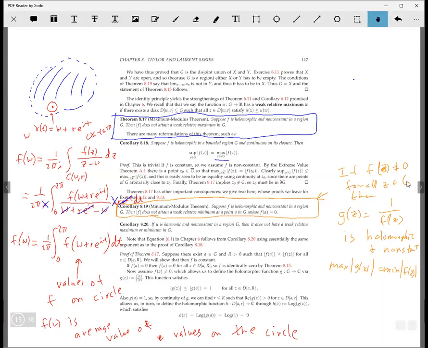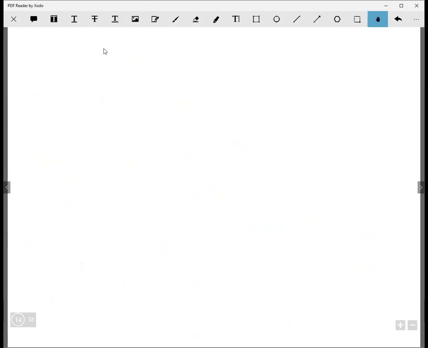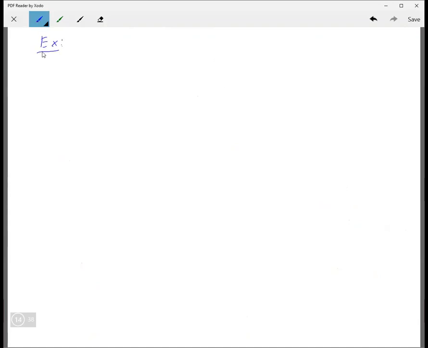Okay, let's do another exercise, another example. We'll take f of z equals z squared minus 5.